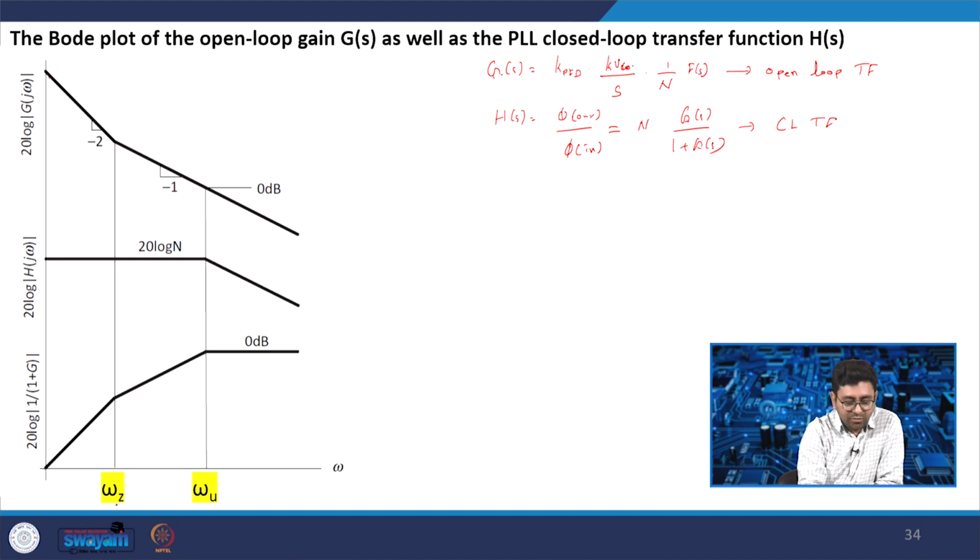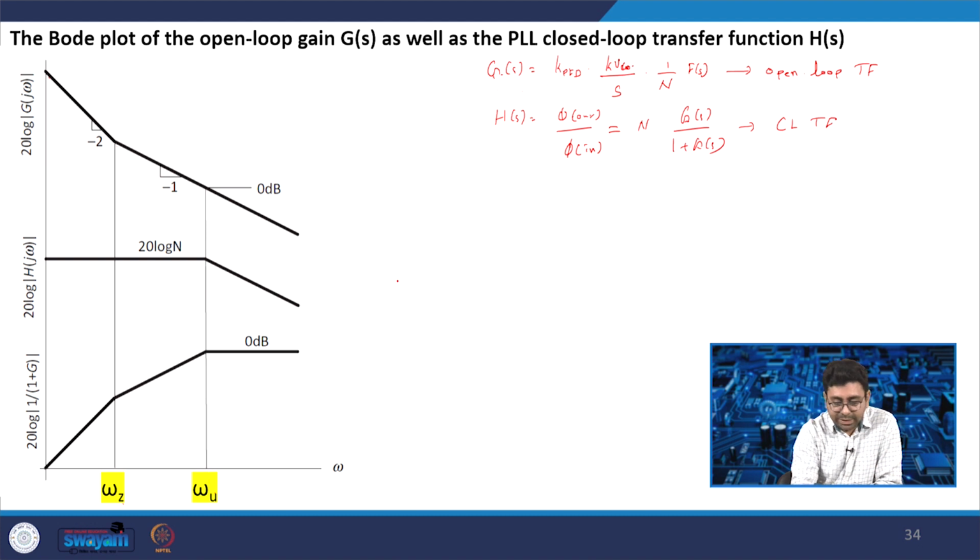Now, another zero will come into the picture in the type 2 PLL at omega z, and that will help us to improve the stability, that we already have discussed. And once this zero comes, again it is a minus 20 dB per decade, and you will get omega u, which is the unity gain frequency.